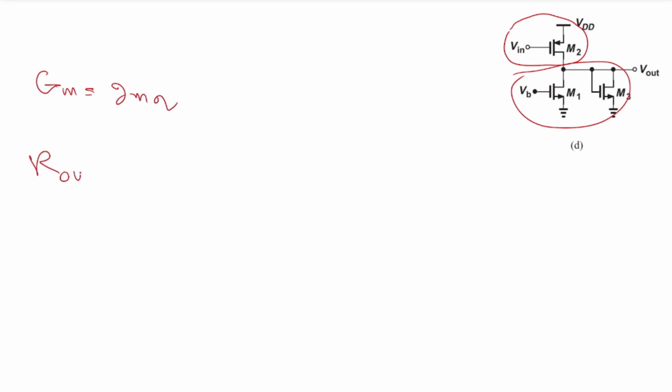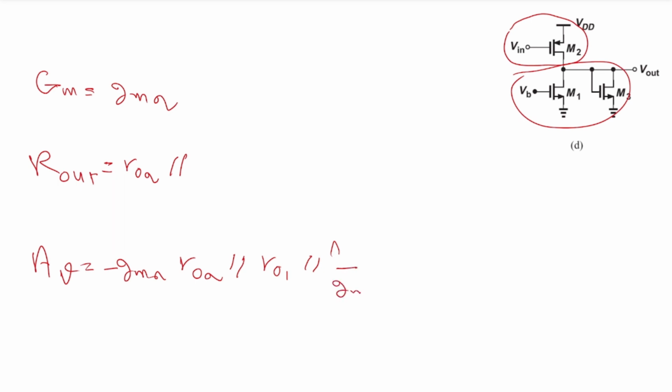The Rout, from up, is RO2 in parallel with the same thing. To save time, we just write minus GM2 times RO2 parallel with RO1 parallel with 1 over GM3 parallel with RO3.